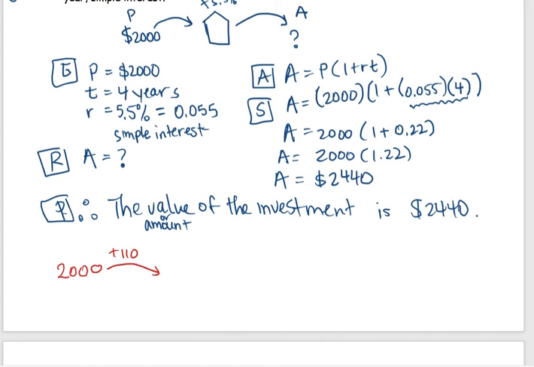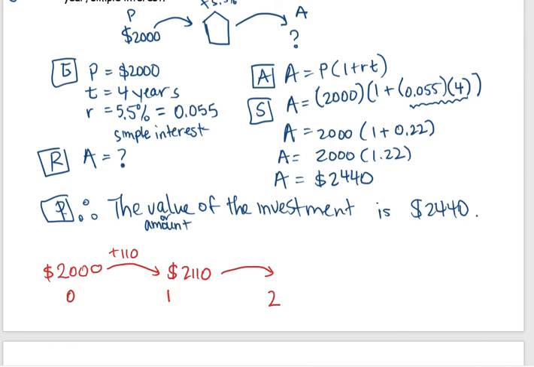Okay, so remember that was time 0, so 1 year later, you now have $110 extra in your amount of money, the 2,000 you invested. Okay, so what if it's another year later?